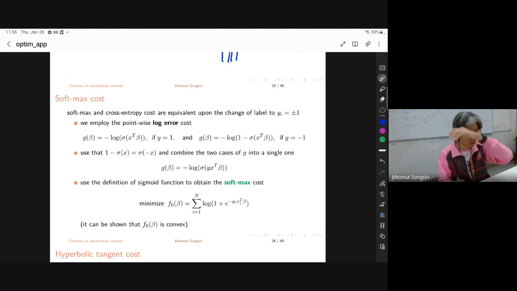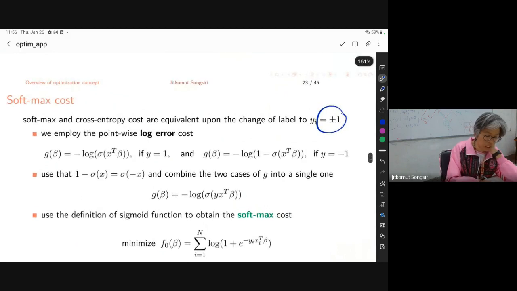Another example, very closely related: there are other formulations that change the class labels from 0 and 1 into plus and minus 1. It just uses the objective called the log error cost.